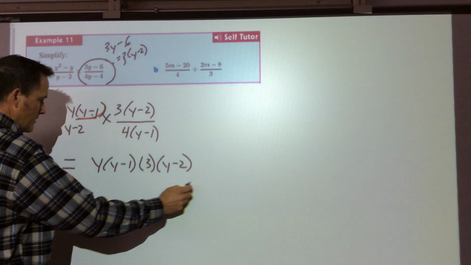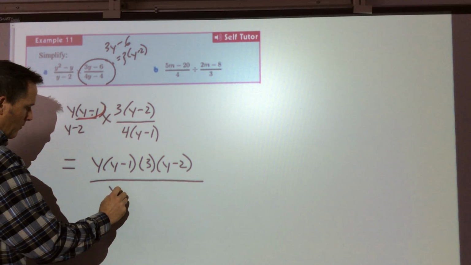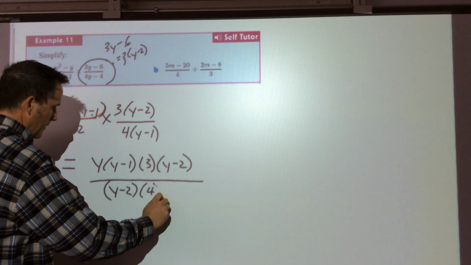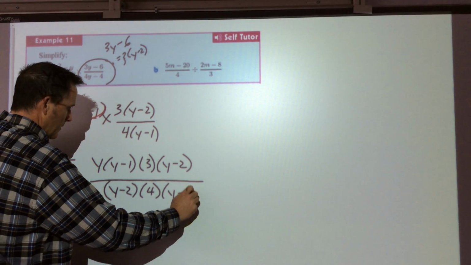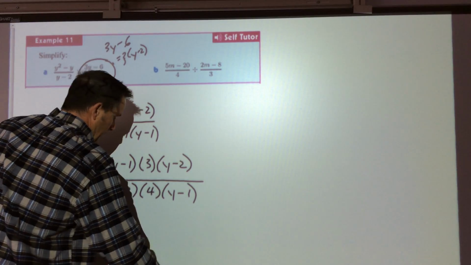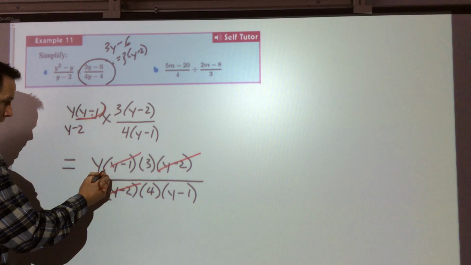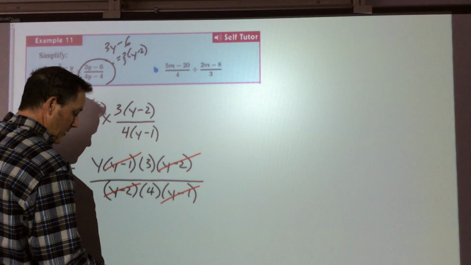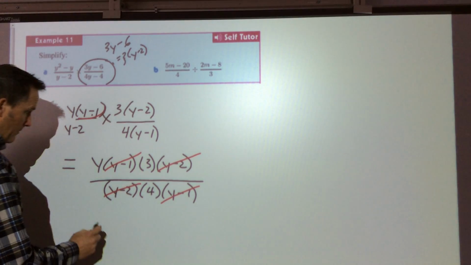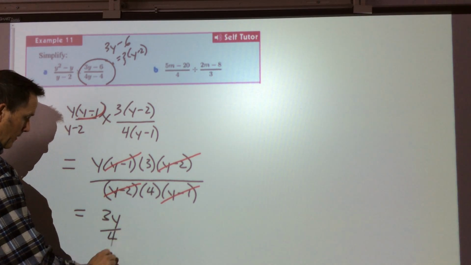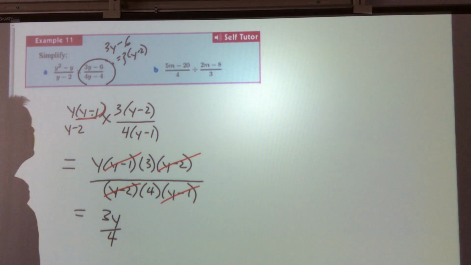That's everything on top. Then I get y minus 2 times 4 times y minus 1. y minus 2, y minus 2, y minus 1, y minus 1. I'm left with 3y over 4. It's a nice little simplification.